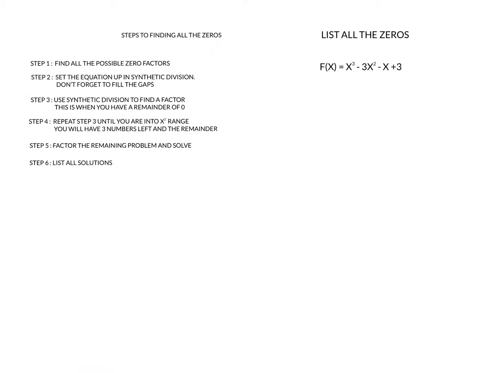All right, let's take a look at this next one. Okay. So first thing we do, let's find all the possible zeros. We have that fun. So P and Q. So my P values are plus or minus 1, plus or minus 3. Q values, plus or minus 1. Now this is going to be a nice problem to work with. So when I do this, all over 1, plus or minus, because my Q value is 1.